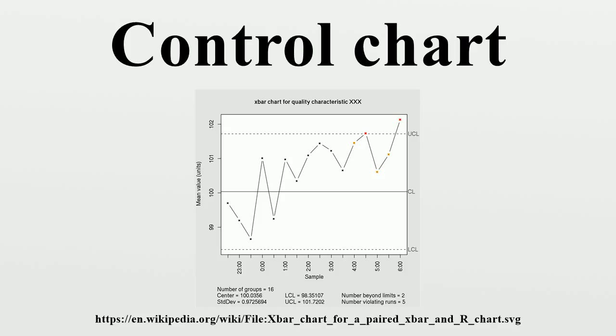Wheeler, J., Chambers, S. Understanding Statistical Process Control. Wheeler, Donald J. Understanding Variation. The Key to Managing Chaos. SPC Press.